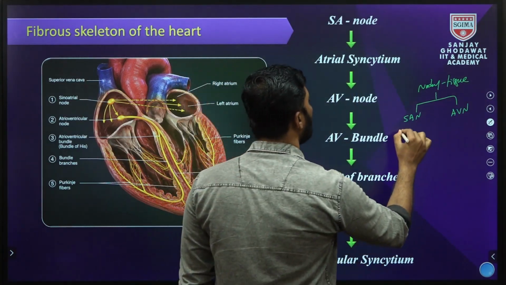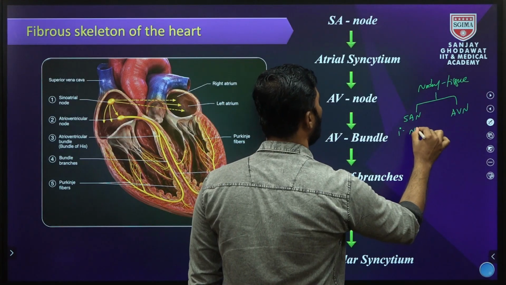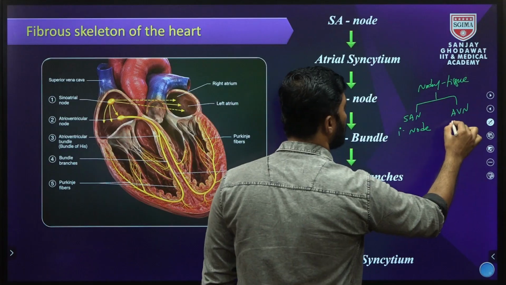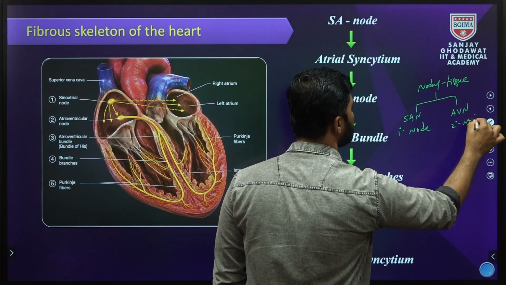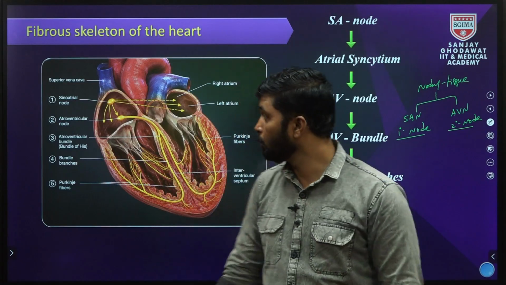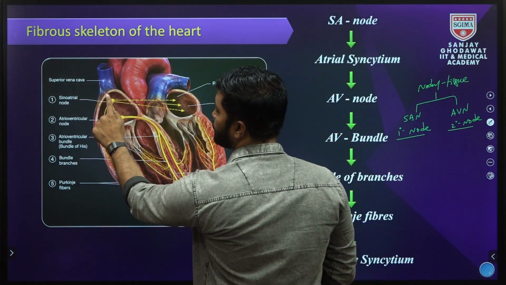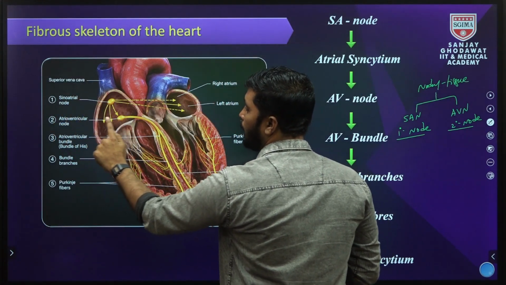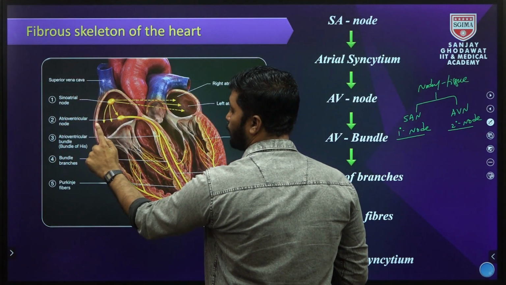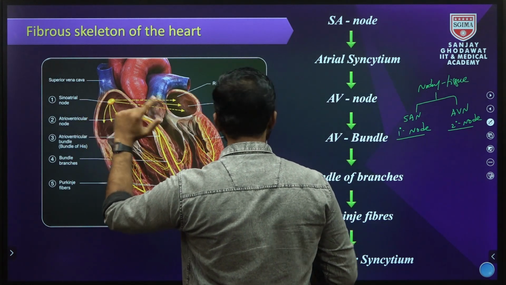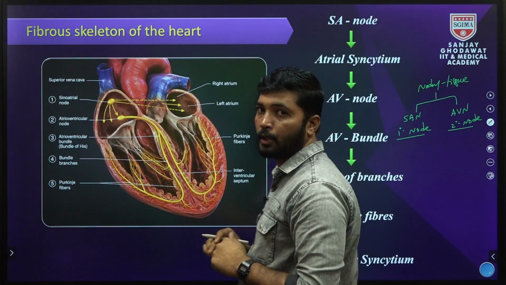The sinoatrial node is the primary node and the AV node, the atrioventricular node, is the secondary node. Now we go to the locations of the nodes. Both are nodal tissue structures.